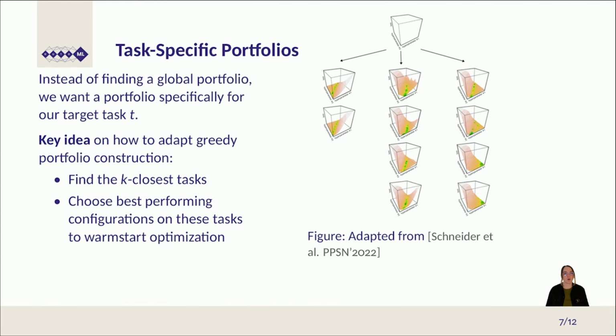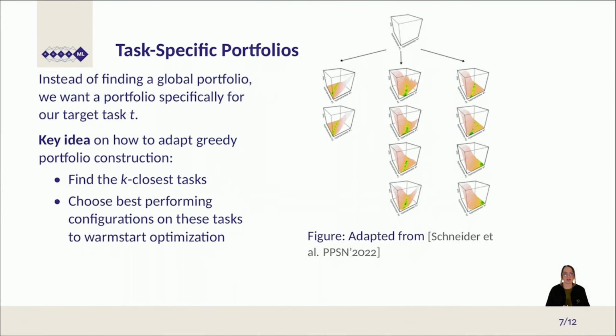So now going to the other option, building task-specific portfolios. Right before, we built this offline in this costly procedure, one portfolio that we would apply for all new tasks. Here we want to build one portfolio for each new task. So instead of finding this global portfolio, we want to build it dynamically, specifically for a task.